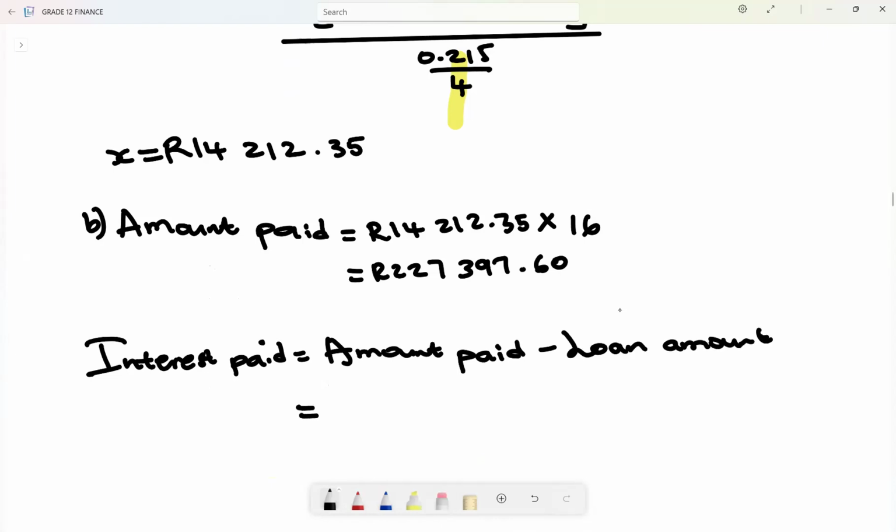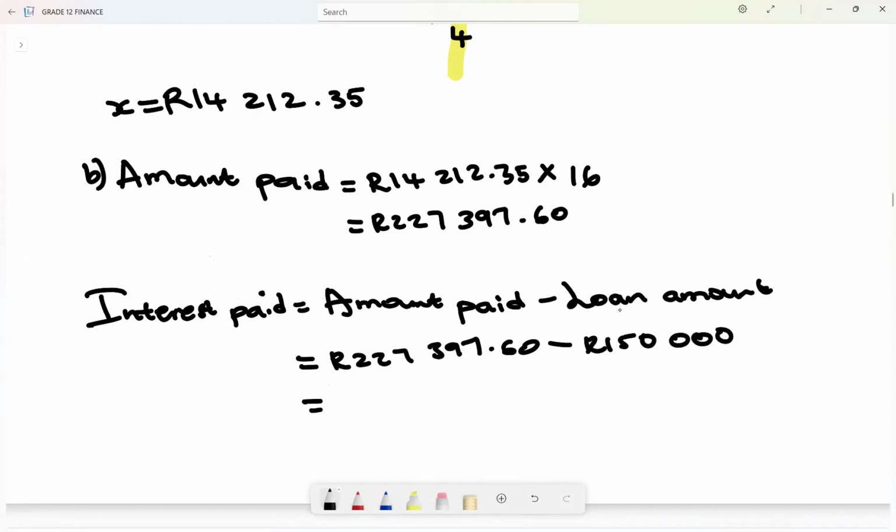So we agree that it's going to be 227,397.60 minus 150,000. I want you to see how large this amount of interest paid is. It's a very large amount of money. Can you check? 77,397.60. So this is the amount of interest he paid.